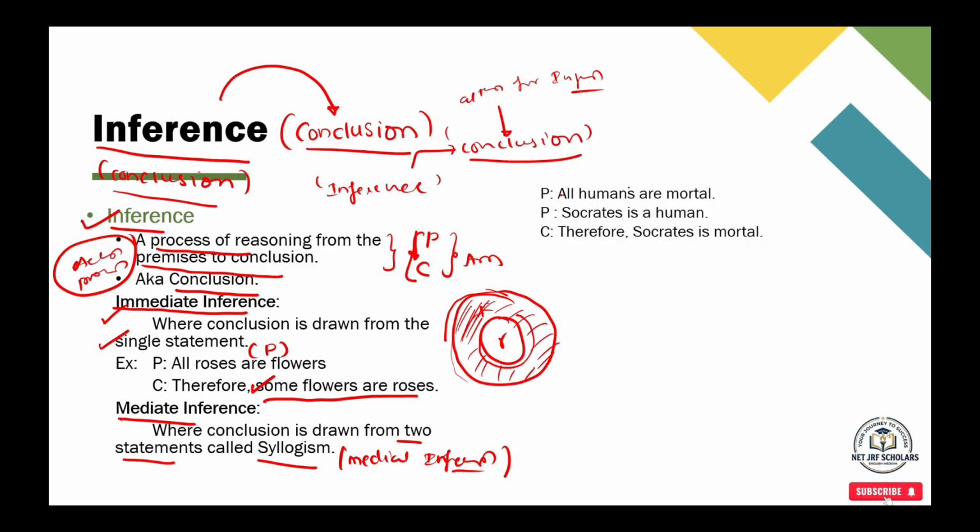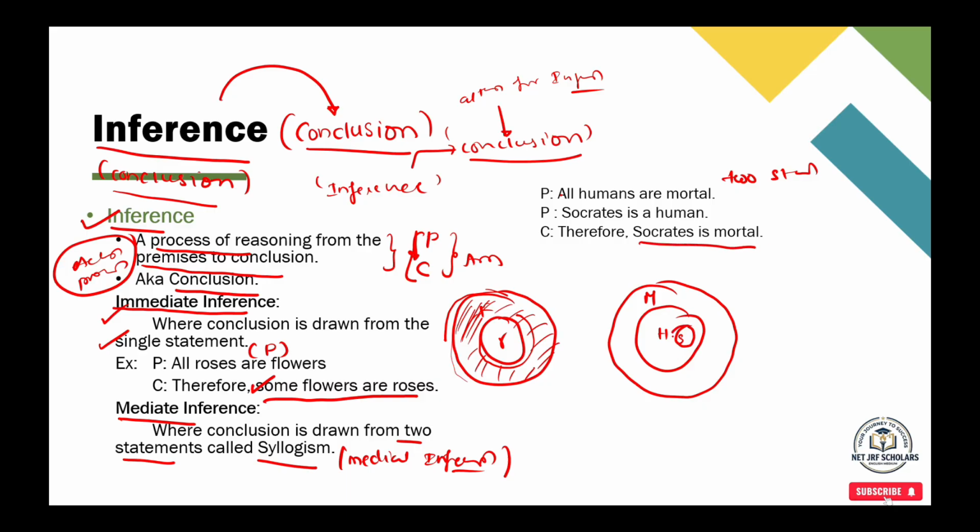Here, as I said, the conclusion is drawn from two statements. All humans are mortal, and Socrates is a human. It means Socrates is mortal.